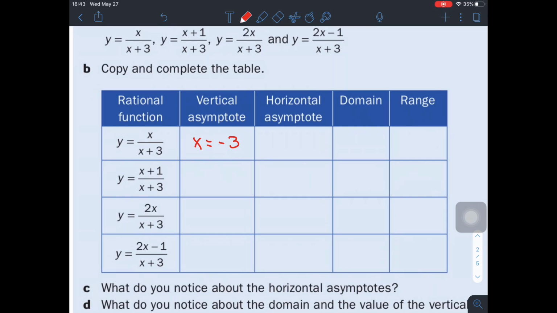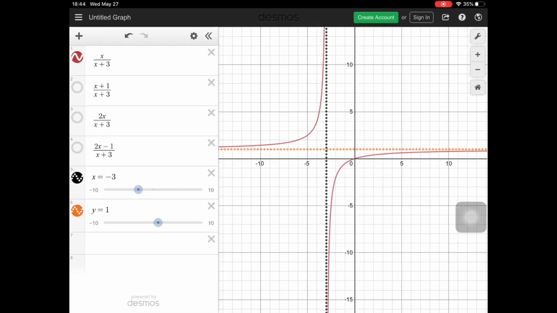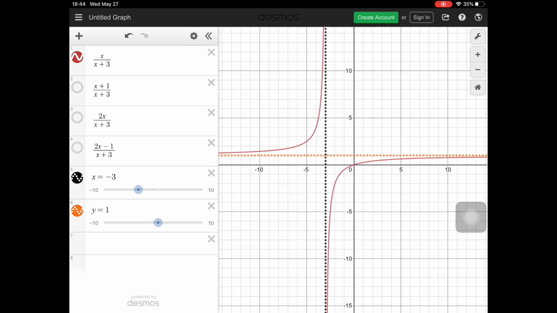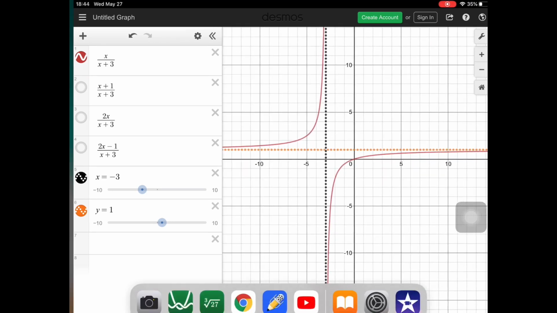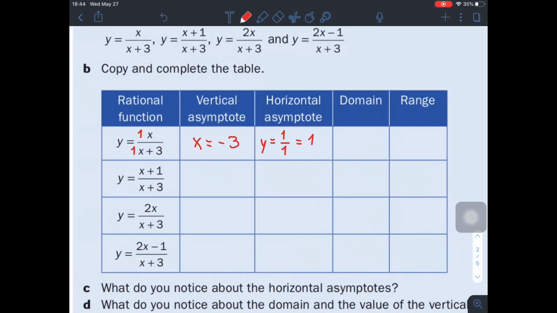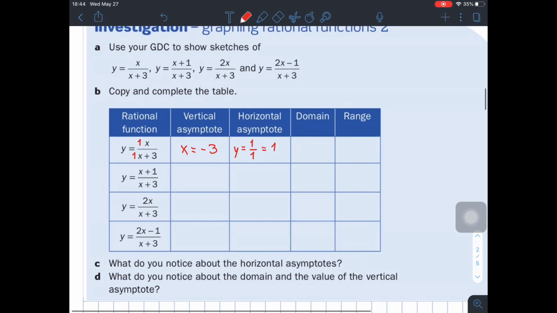In this case, we have a 1 here and a 1 also here. So the horizontal asymptote is directly 1 divided by 1. We divide both coefficients and we get y equals 1, which is exactly the horizontal asymptote we got in this example, right? So that's how we find horizontal asymptotes in this particular case.